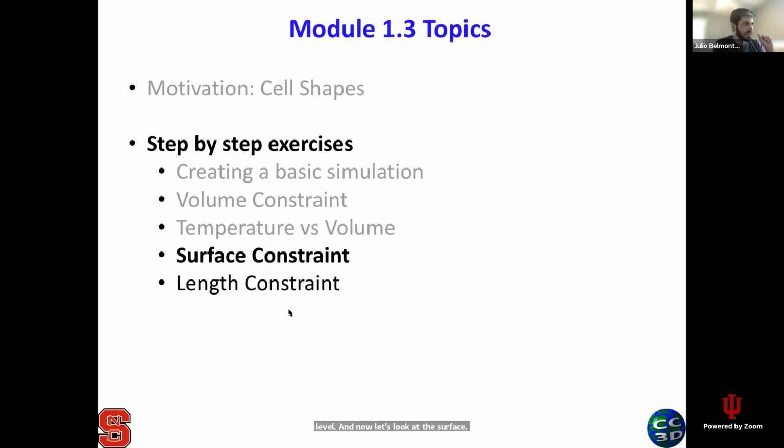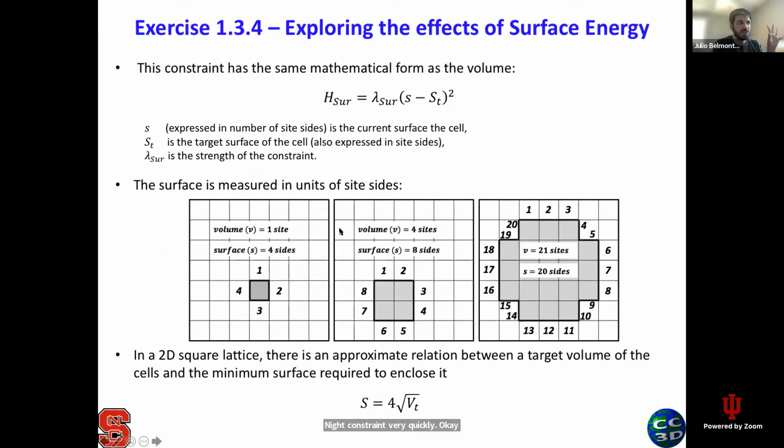So the surface constraint, what does it do? It is similar to the volume in the sense that you have an ideal target volume against the current one, and you're trying to preserve your target surface in a two-dimensional cell. That actually means your perimeter. And you have a weight, the lambda, that sets the weight of this function with respect to the others.